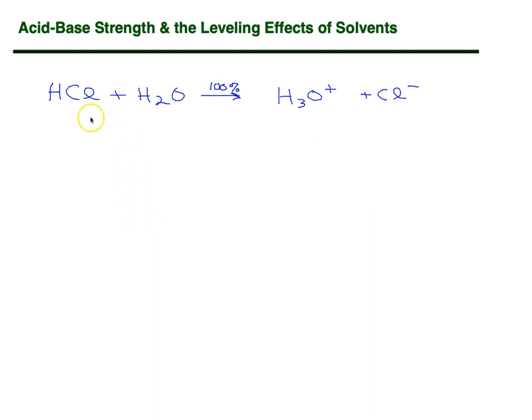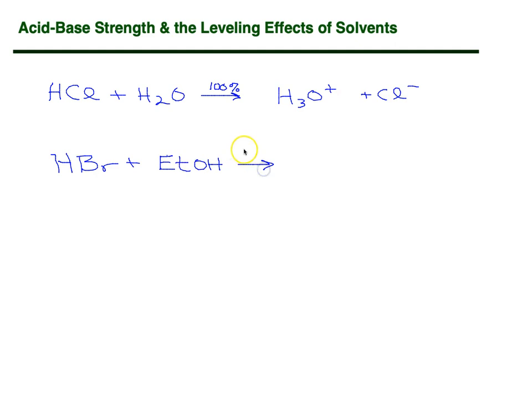Now, if we were to dissolve a strong acid in something like ethanol, a very similar process will take place. Let's say that we had this time HBr plus, we'll say EtOH for ethanol.